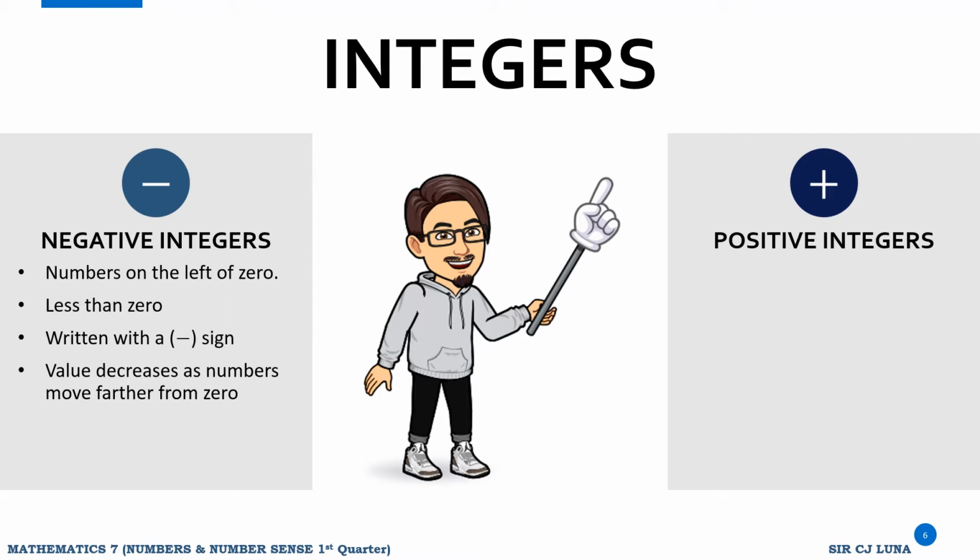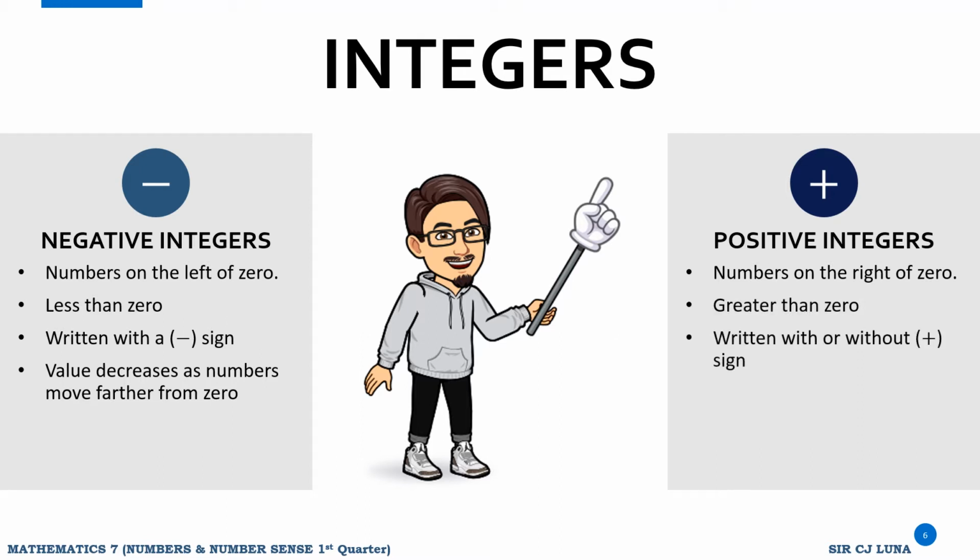Okay? How about positive integers? These are numbers on the right of 0. They are greater than 0, and these integers, positive integers, can be written with or without the plus sign. And then the value increases as numbers move further from 0, going to the right.